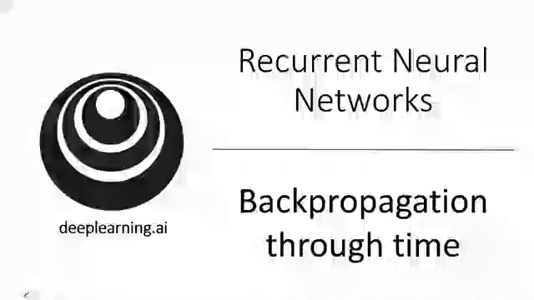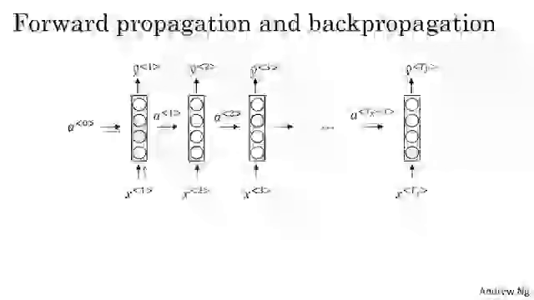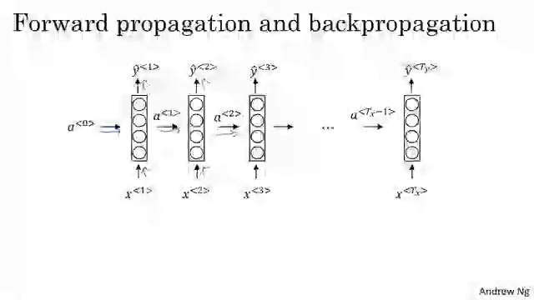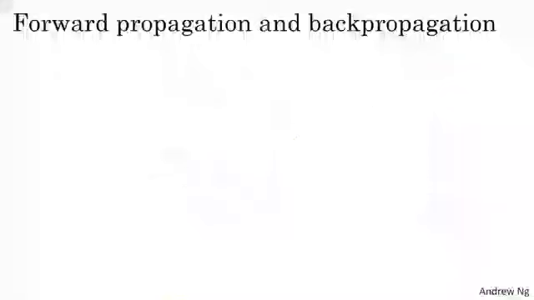Let's take a look. You've seen how for forward prop, you would compute these activations from left to right in the neural network until you've output all of the predictions. In backprop, as you might already have guessed, you end up carrying out backpropagation calculations in basically the opposite direction of the forward prop arrows. So let's go through the forward propagation calculation.